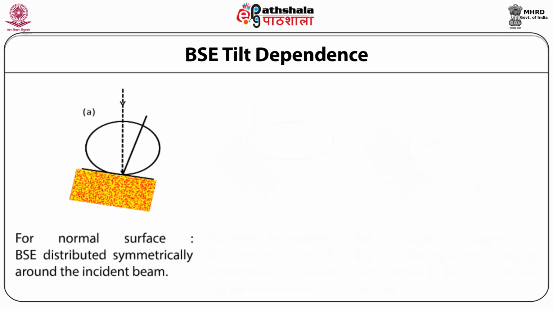The value of eta b tends to unity. When the surface is normal to the incident beam, the backscattered electrons are distributed symmetrically around the incident beam in a manner described approximately by the cosine function, which is eta psi equal to eta n cos psi.